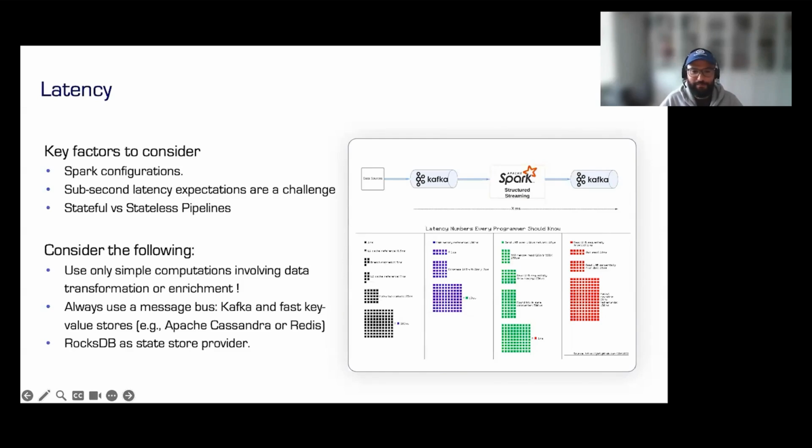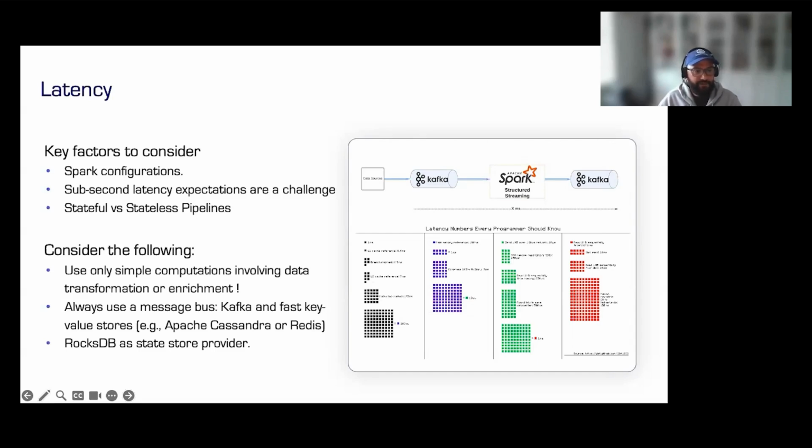So go back to the fundamentals in this case and the Spark best practices and best configuration. Sub-second latency expectations are really hard to get so far. It's still a work in progress, but there are some good signs and pointers that we can achieve sub-second latency in a still challenging way, but it's achievable with some degree of effort and investment.